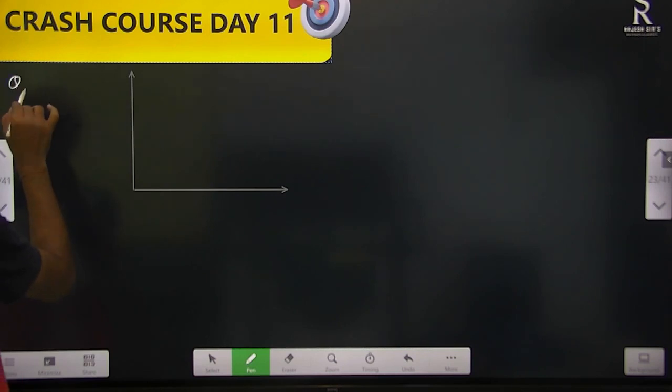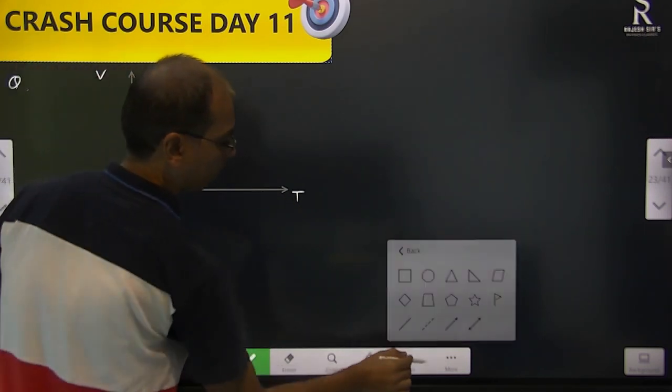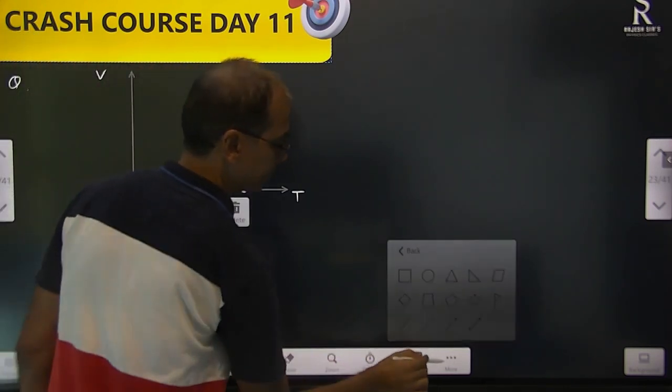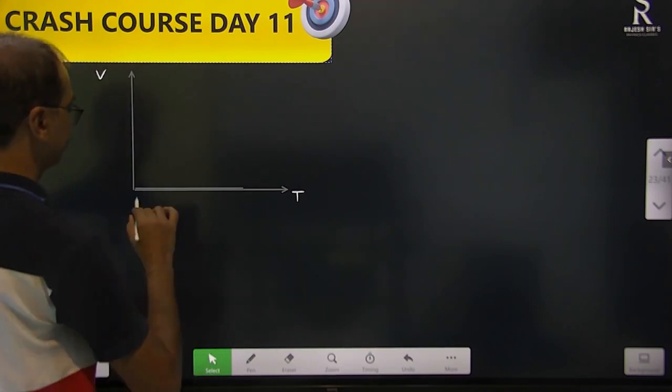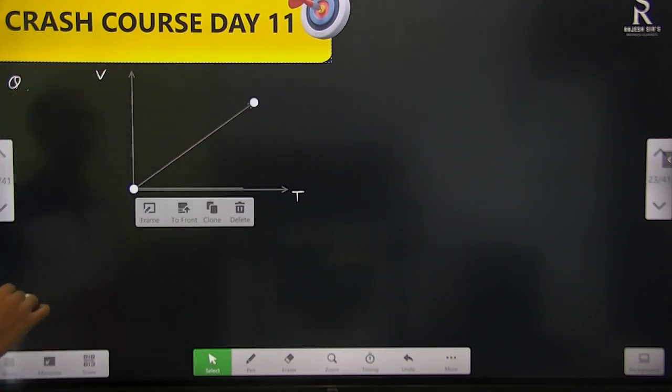Okay, so this is also a VT graph. Okay, this is one, and another one we'll make.